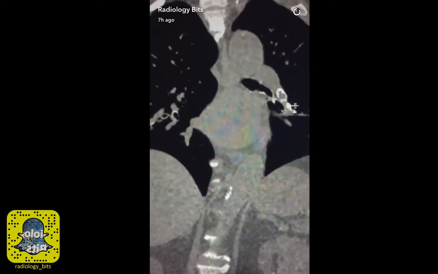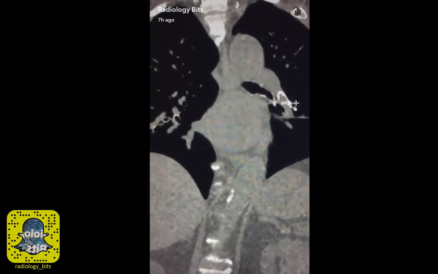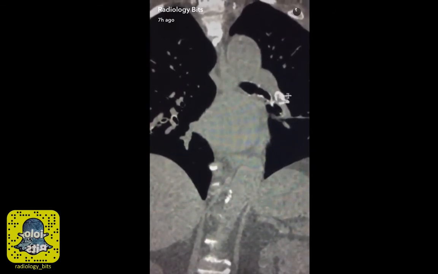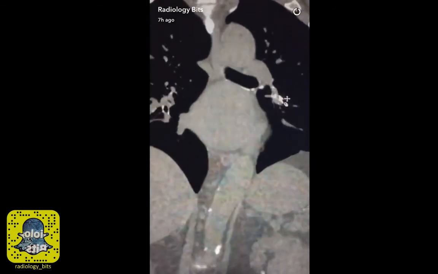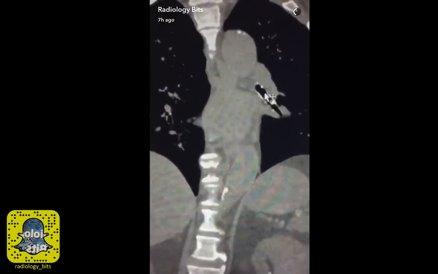So this is consistent with a non-thrombotic pulmonary arterial embolization of a stent fragment. And you could see that fragment within the pulmonary artery on this coronal image.